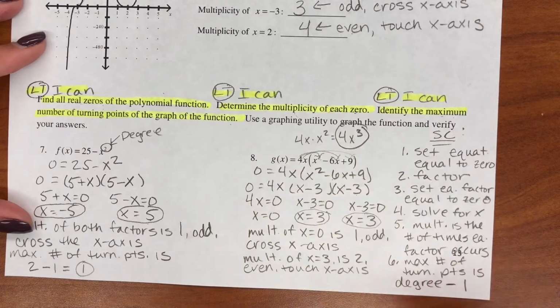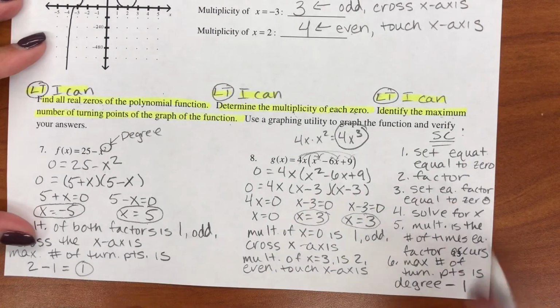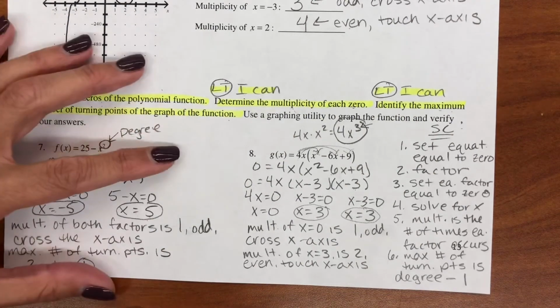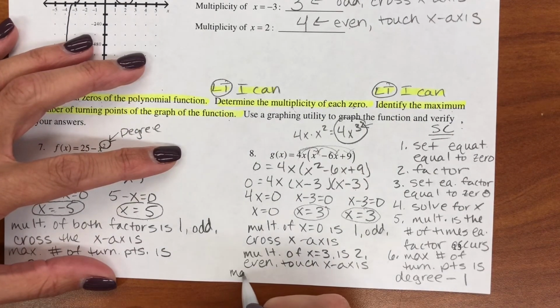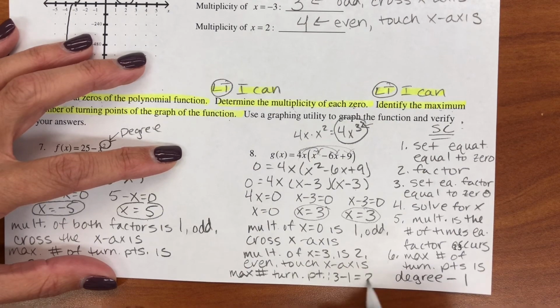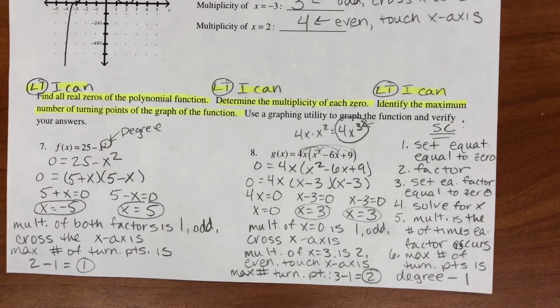So that's my leading coefficient there, 4x to the third. So my degree is 3. So for my max number of turning points, I would do 3 minus 1. So there's 2 possible max turning points there.